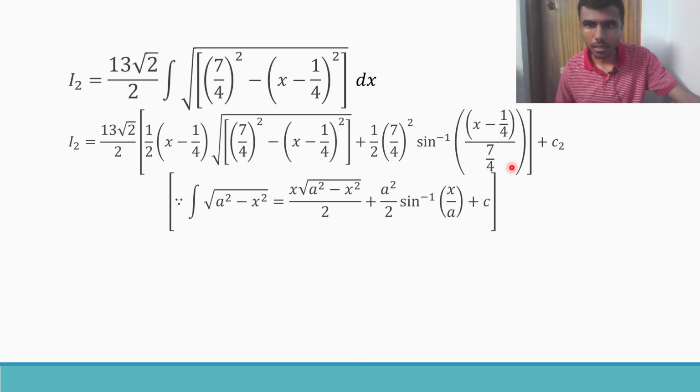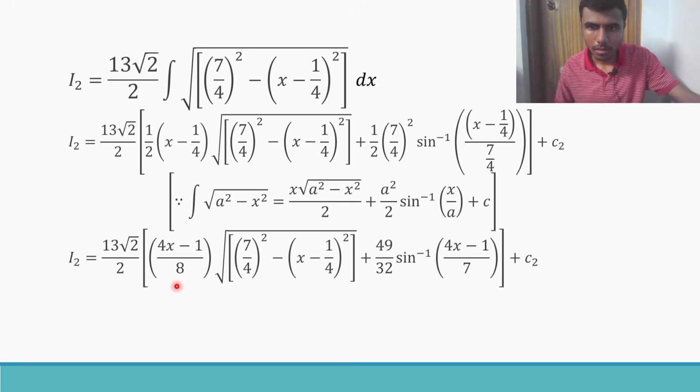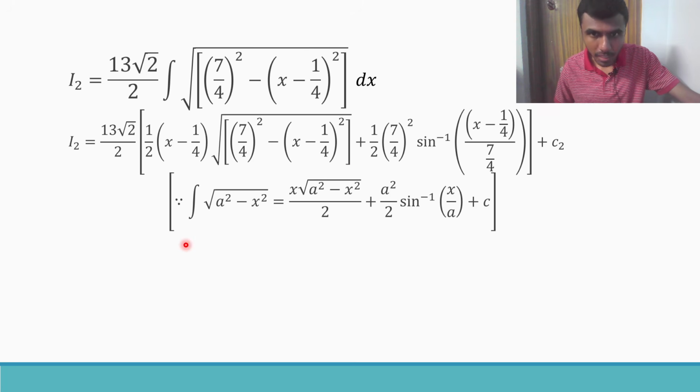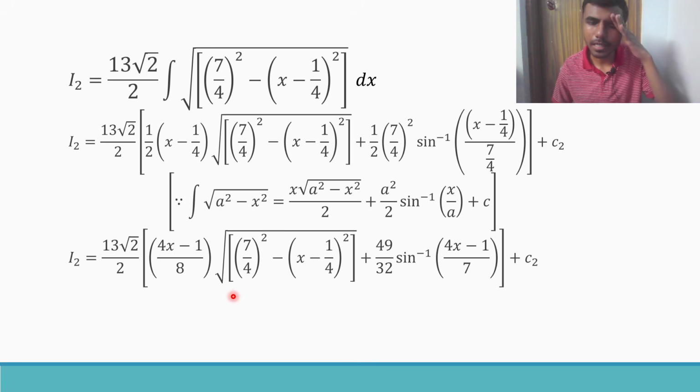Okay, fine. Now listen, let me just show you this step and then I'll tell you what I want you to see. For the next step, what I've done is just take LCM here. So 4x minus 1 by 4 I'd get, and there is a 2 also here, so we multiply.